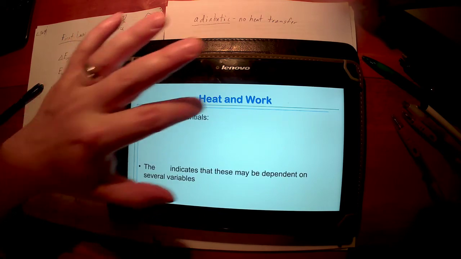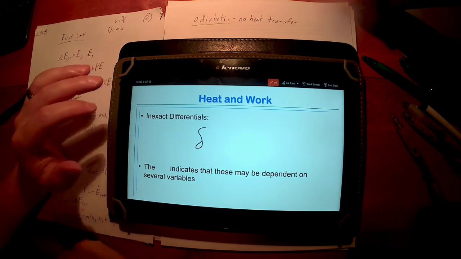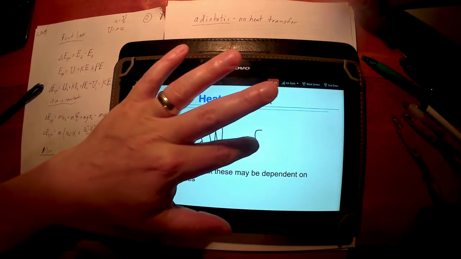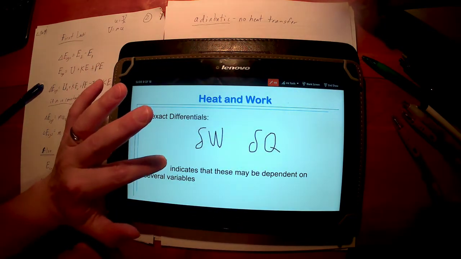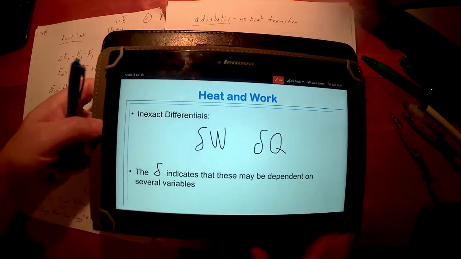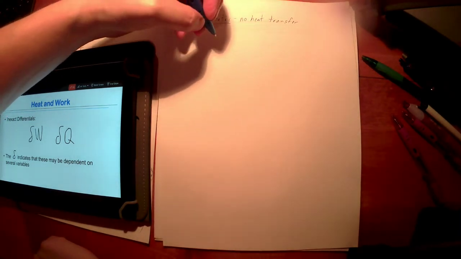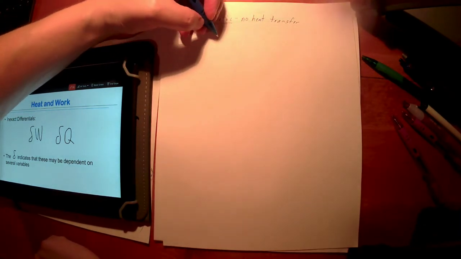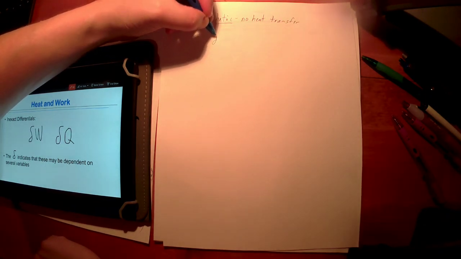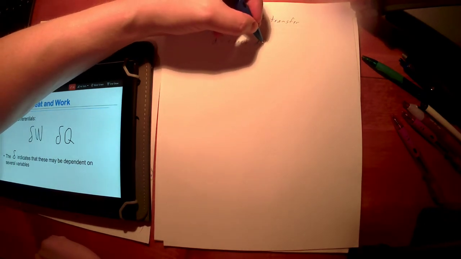And most of the time when I draw that, I'll draw it something like that. So you might see this is a dW and this is a dQ. And so this del, which we'll refer to as a D, is what we call an inexact differential. Now, I'm not assuming at this point you've had differential equations, and they don't normally talk about inexacts in the lower level calculus courses. So just so you know, the regular D is what we call an exact differential.